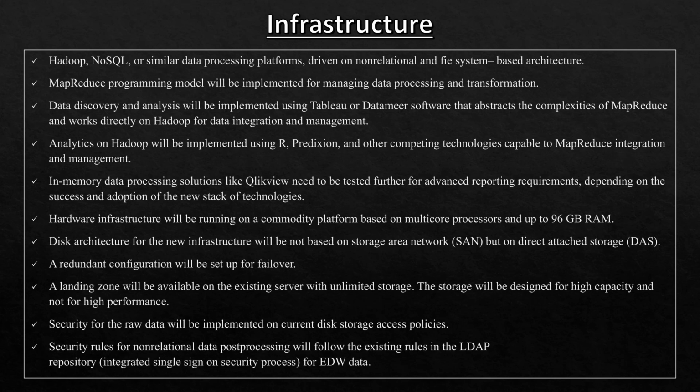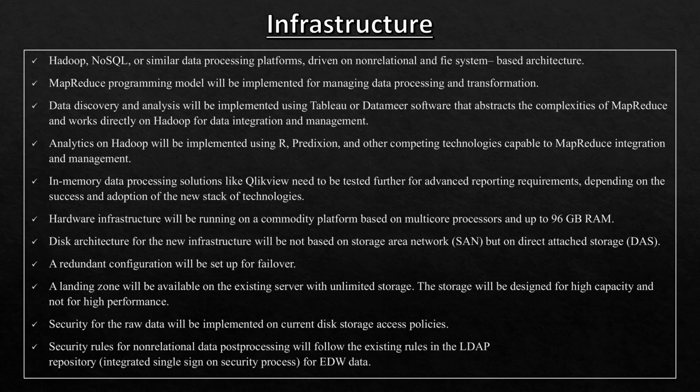And then a landing zone, which is the first one, for loading data, will be available on the existing server with unlimited storage. The storage will be designed for high capacity and not for high performance. Security for the raw data will be implemented on the current disk storage access policy.